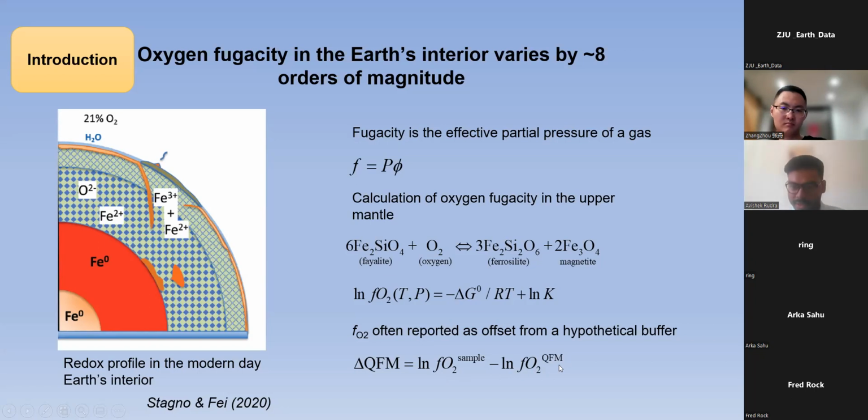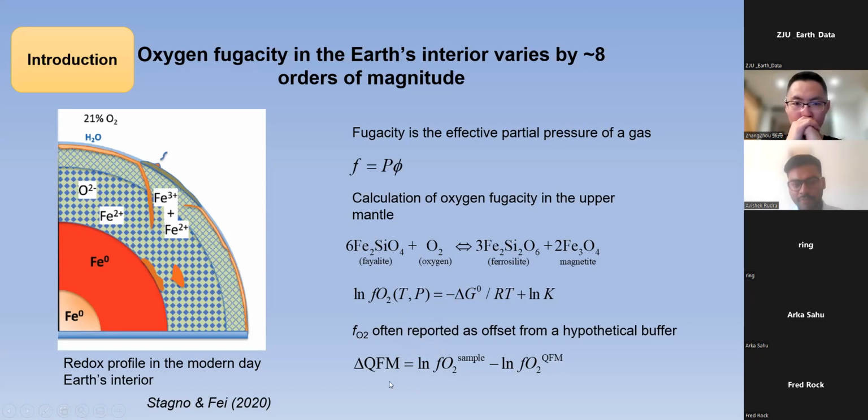Such a buffer doesn't exist in the mantle, but just for our convenience, we report oxygen fugacity of a system as the difference between the fO2 of the system and the fO2 of the QFM buffer, which minimizes the effect of temperature and pressure.